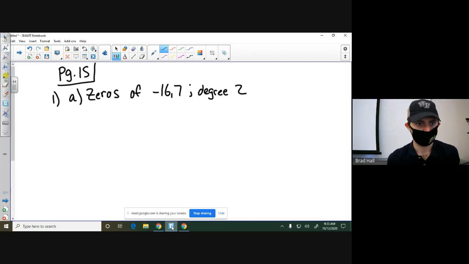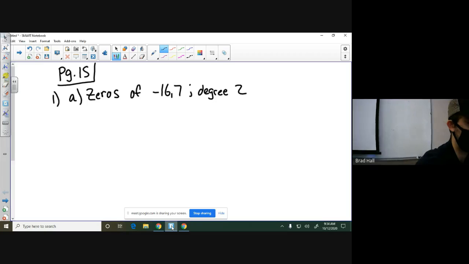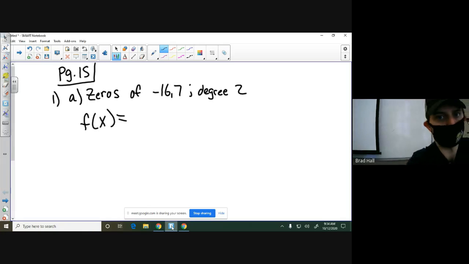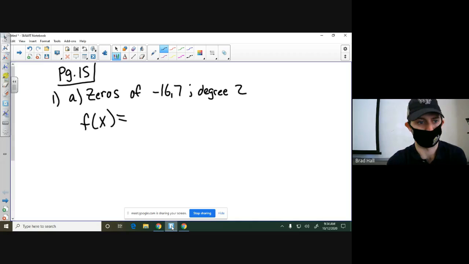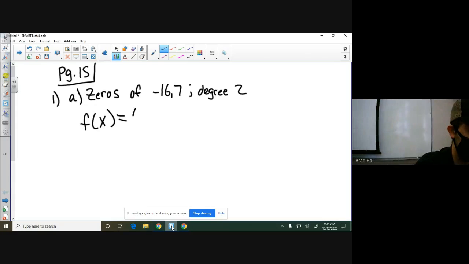And what this tells us is that zeros contribute towards the factors, like we talked about in the polynomial function section. For each 0 that we have, and it does want us to construct functions, so I'm going to use the fancy f of x notation. For each 0 that we have, it gives us a factor.